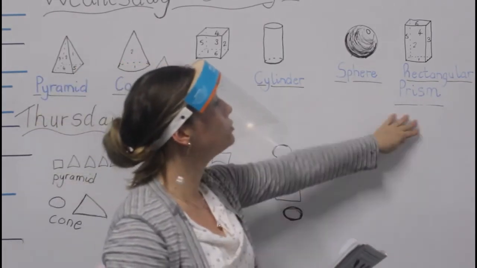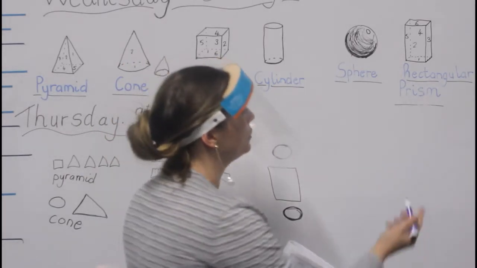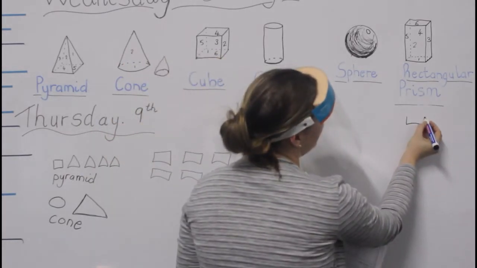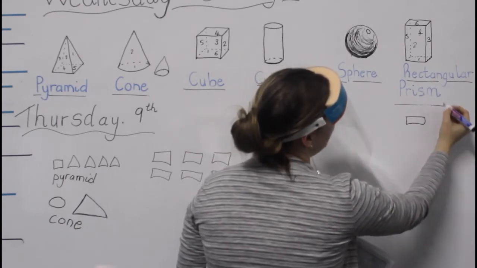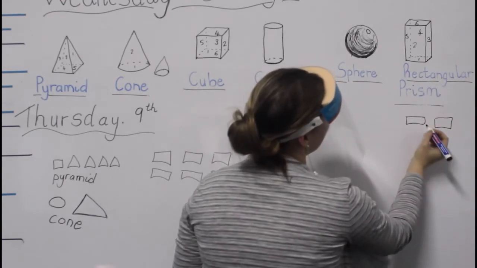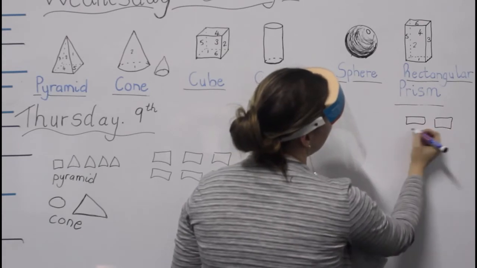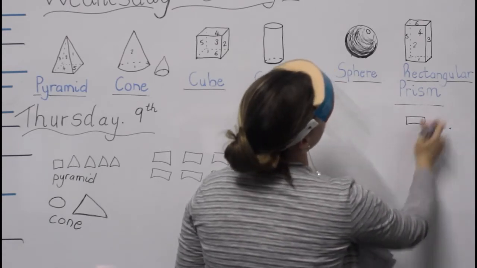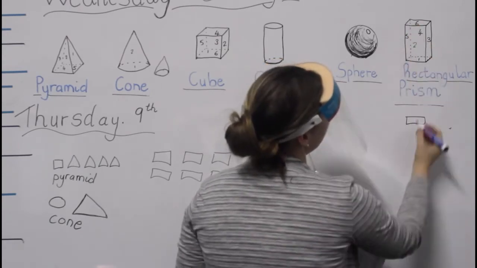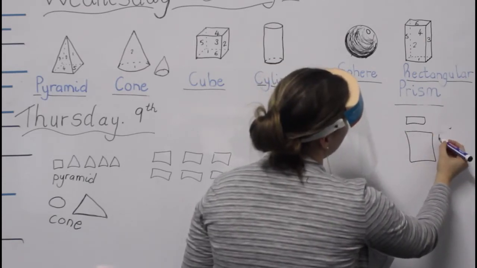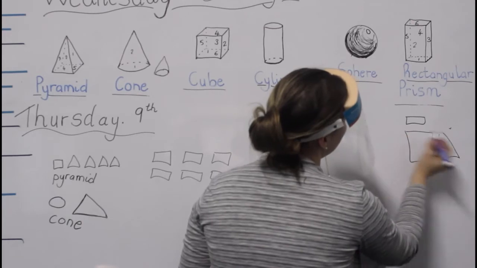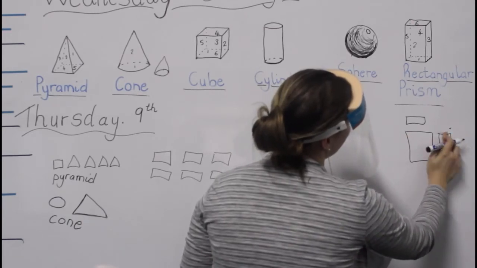Okay, so let's talk about the rectangular prism. So we have one rectangle at the top, right? Just like the cube, and a rectangle on the side. And one rectangle, let's try and keep them in proportion. So we have one small rectangle and one big rectangle. And another rectangle on the side. That looks more like a triangle, sorry.